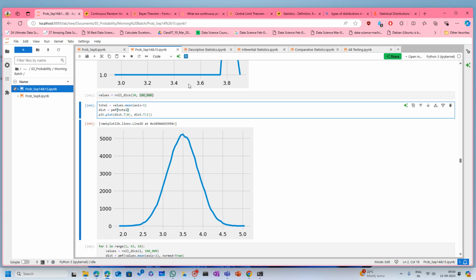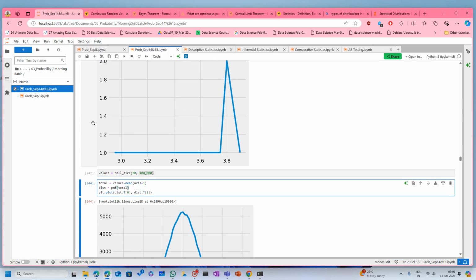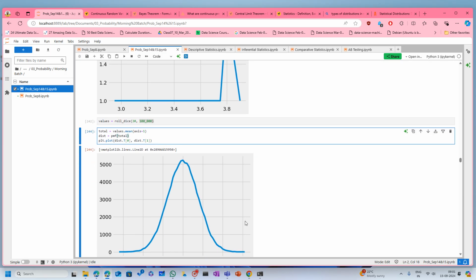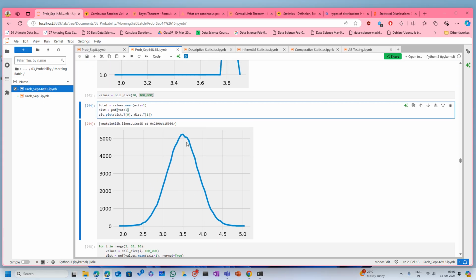Again, I will explain what standard deviation is in statistics. The x-axis has standard deviation, and the y value consists of how many times the experiment is repeated. So it became a standard normal distribution.